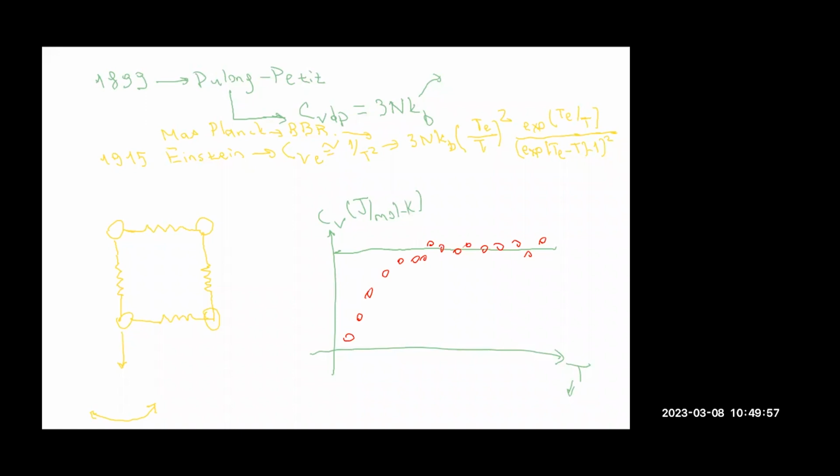Then once we plot the Einstein equation, we capture the low temperature values. So this is, sorry, the Einstein model is something like this.